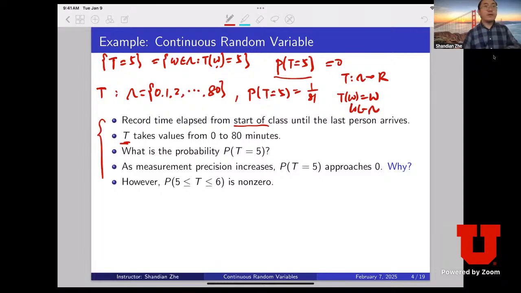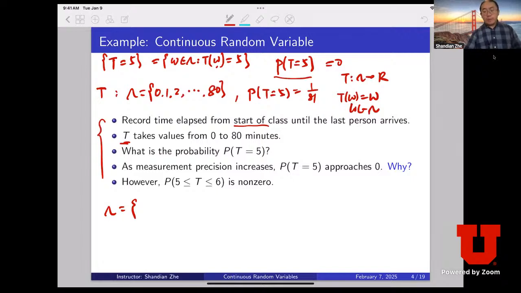By the way, any questions so far? Everyone's comfortable? Okay, so now let us assume we buy a new watch which can count every 30 seconds. Then our sample space becomes larger, because I count not only every minute, but every 30 seconds.